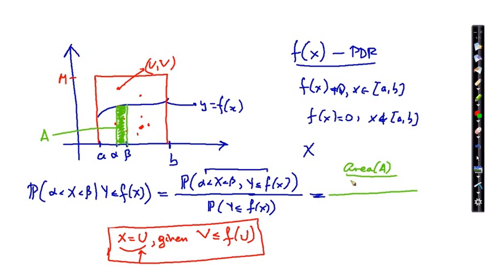The total area will be m times, this is height, m times b minus a. So this is the probability that my point will be in this region. Okay. Now, what is the probability that y will be less or equal than f of x? That is the probability where my point will be here.